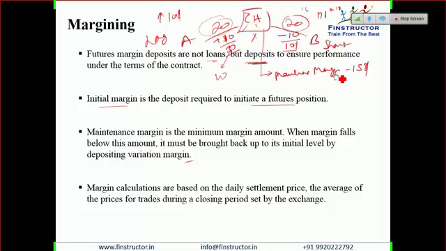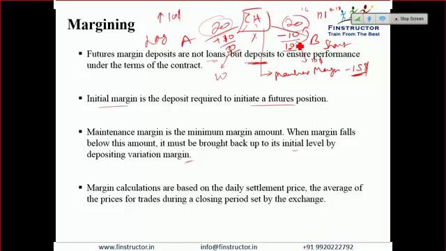But if your margin account goes below $15, below the maintenance margin, then your margin must be brought back up to the initial level. That is, you have to take it back up to $20 by putting in a variation margin, which in this case would be another $10. Because his margin balance fell to $10, which is below $15, he'll have to give $10 to the exchange to bring his margin back up to 20.